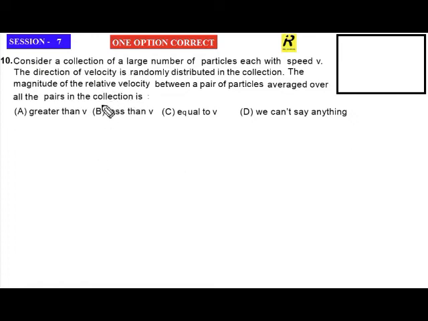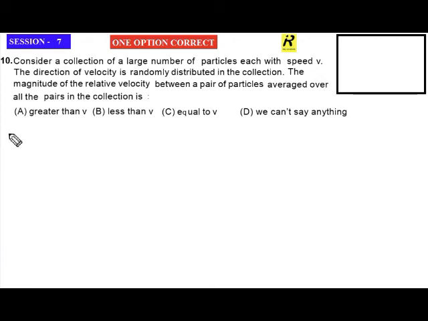In this question, we have a collection of a large number of particles moving with a common speed v in random directions inside a container. The magnitude of the relative velocity between a pair of particles is to be found. First of all, I will take a pair of two particles.